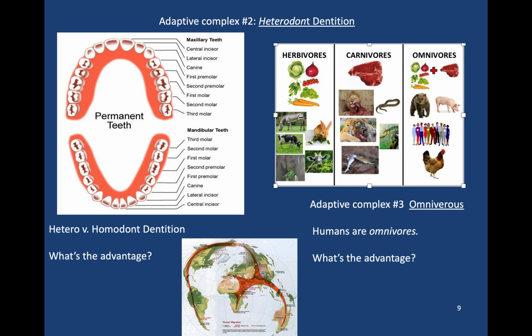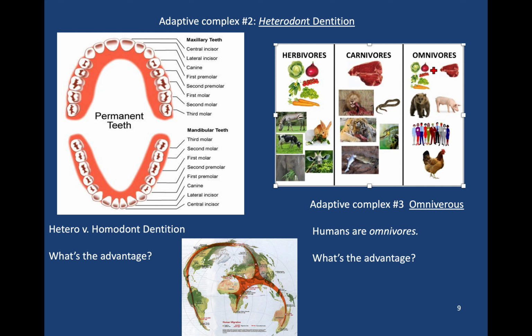What that means is we are not tied to one specific food source. We can eat plants, we can eat meat. So we can exploit all different kinds of food sources out there. And as a migratory species, that is a very distinct advantage. One of the advantages here is that we have different kinds of teeth that can perform different kinds of actions in conjunction with the different kinds of foods that we consume.